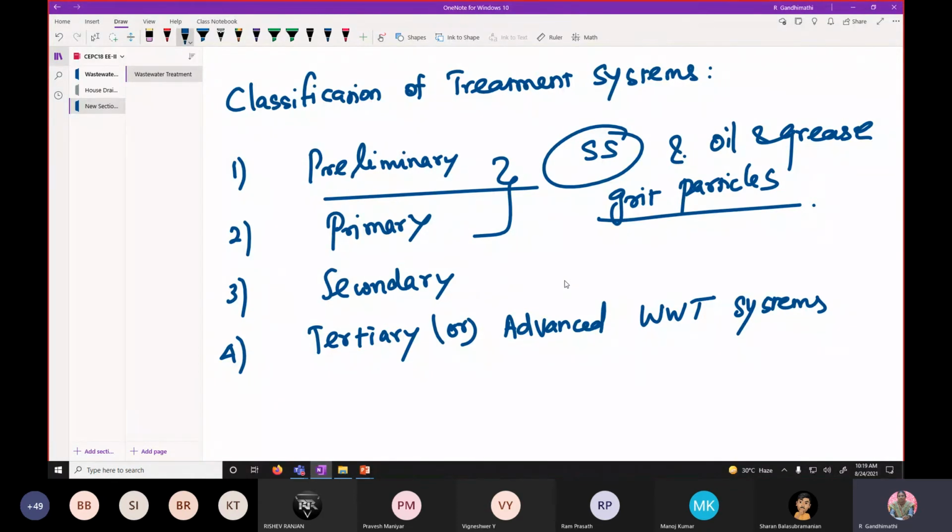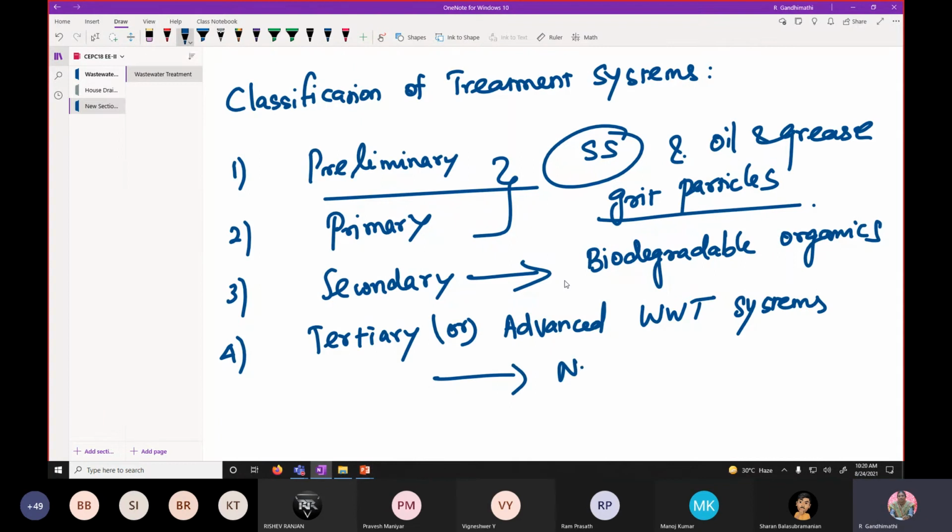The second one is the secondary treatment system. This is mainly to remove the biodegradable organics, especially the carbonaceous organic matter. Then the tertiary treatment system, or advanced wastewater treatment system, is mainly to remove nutrients and pathogens.